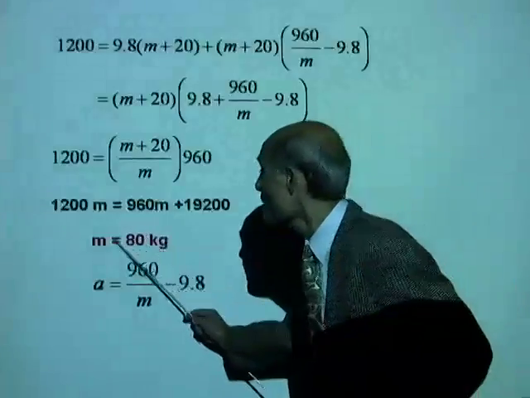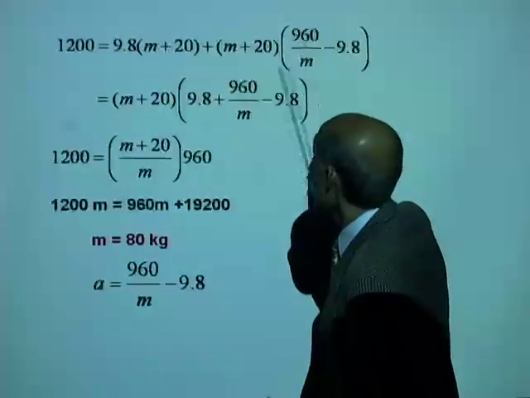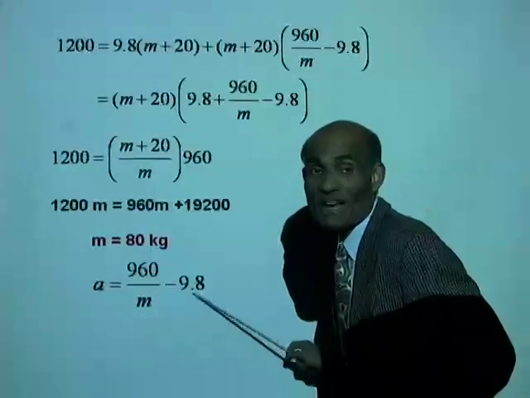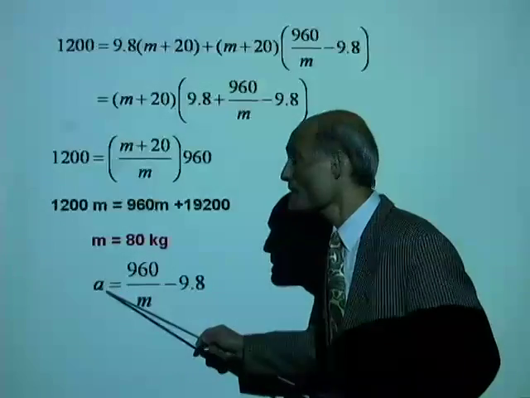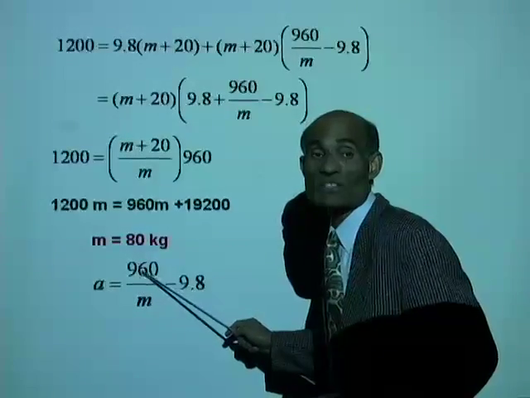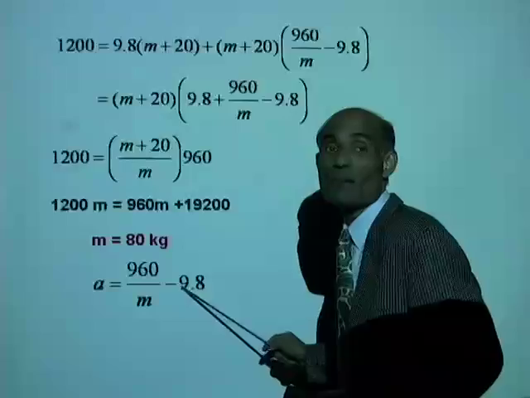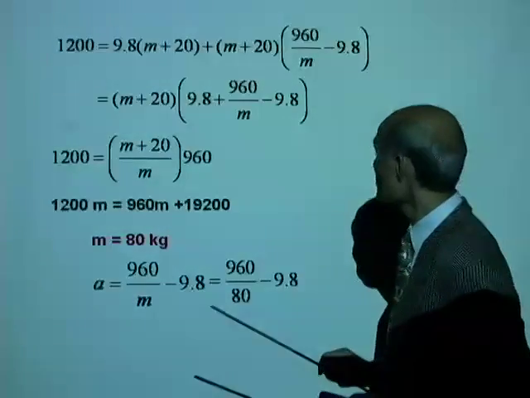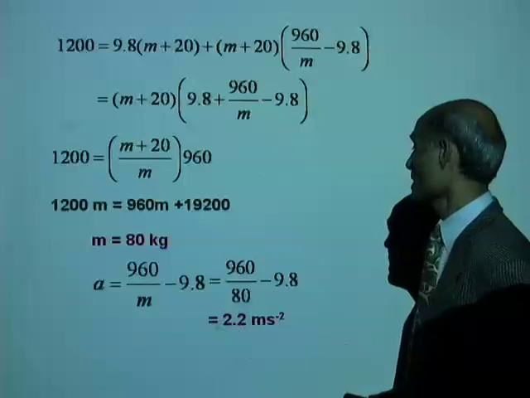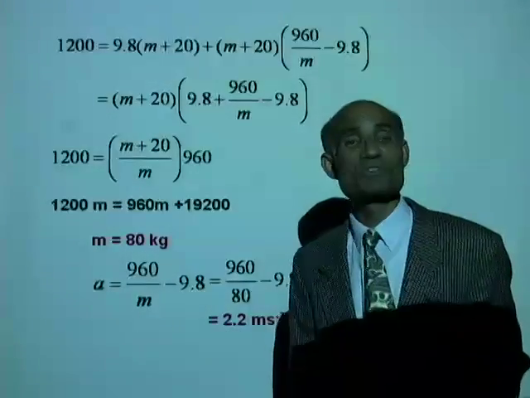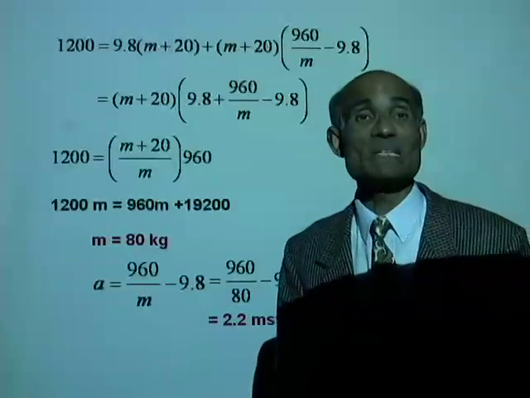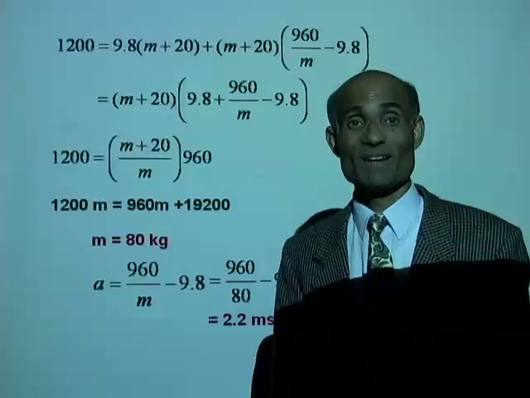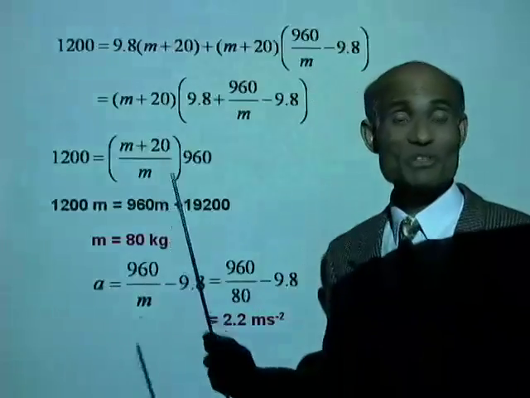Now, once you have m, we can go and calculate the acceleration. Acceleration we have obtained as 960 over m minus 9.8, and using the value of m, we get acceleration equal to 2.2 meter per second squared. That was a good problem. Try and do this on your own.